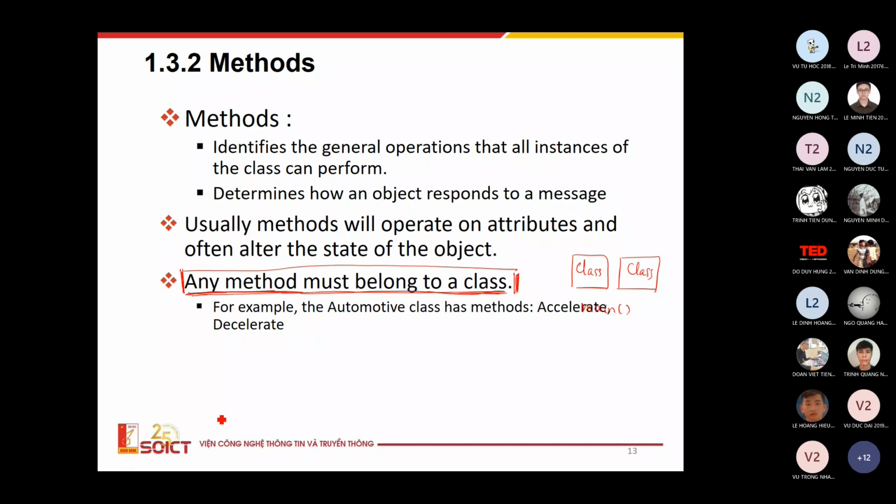And this is another example: when you have the automobile class, you will have methods to describe that it can accelerate or decelerate. I think this is just a reminder, so I can go quickly, and I hope it can remind you about the first lesson we learned already.